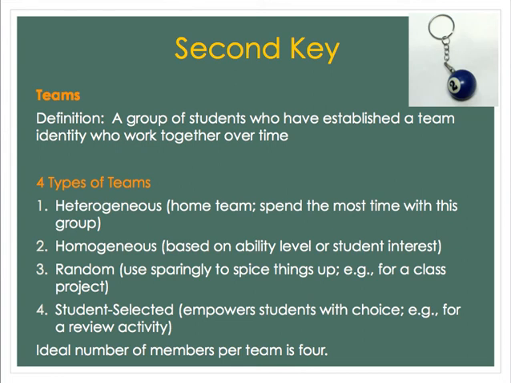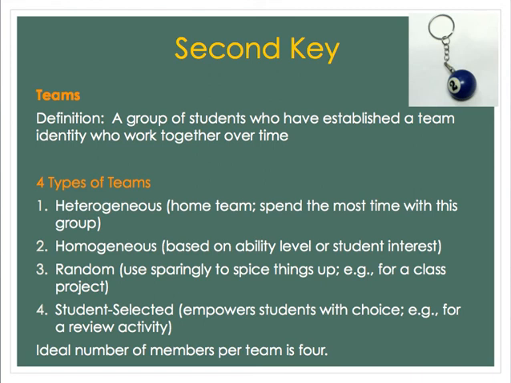The third type of team is random. This is where you might have students just randomly pull a number out of the hat to get in their teams. The benefit is to spice things up, just to change things up a little bit.